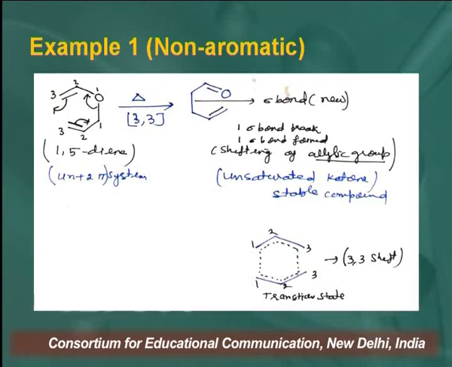So learners, in the transition state we can see the formation of a new sigma bond at the 3,3 position and the breaking of the sigma bond between oxygen and carbon. That's why this is called a 3,3 sigmatropic rearrangement reaction.